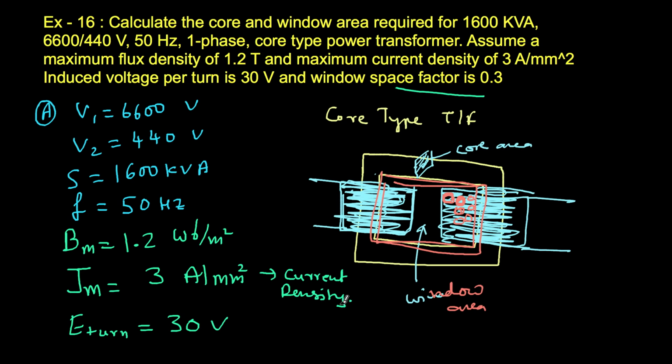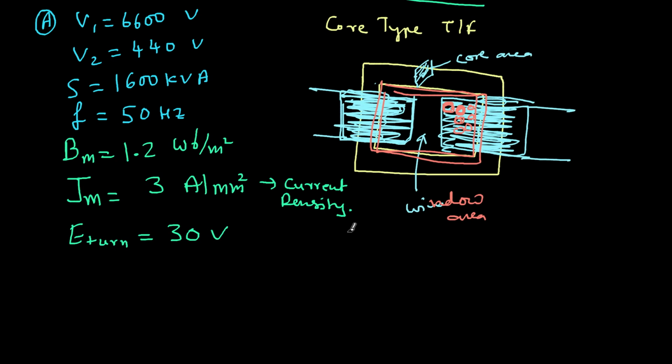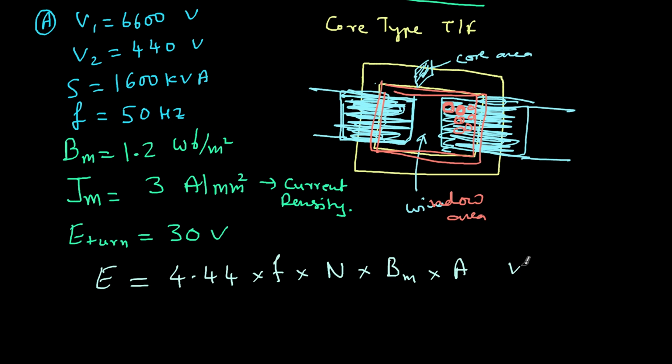At least let's first try and work out the area of the core. Let me write the EMF equation. So what is the EMF equation? EMF is nothing but 4.44 into frequency into number of turns into flux density into cross section area. So this is what we know.